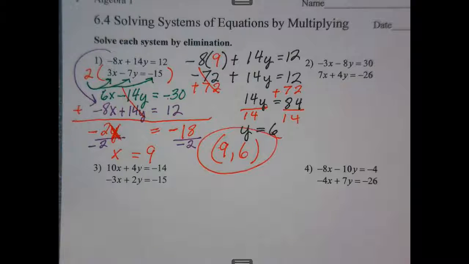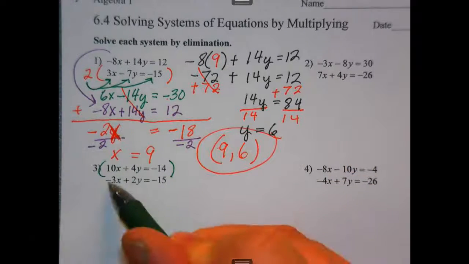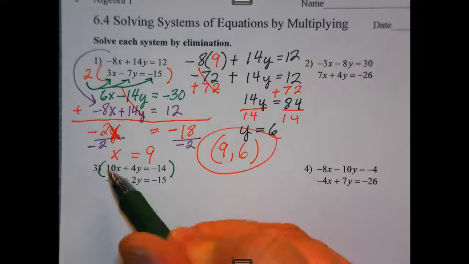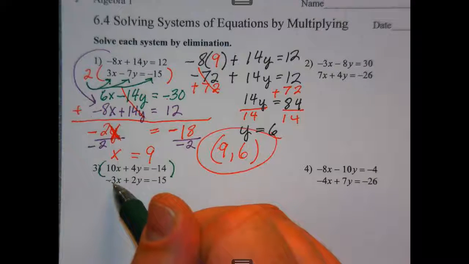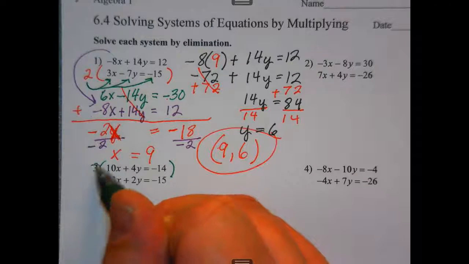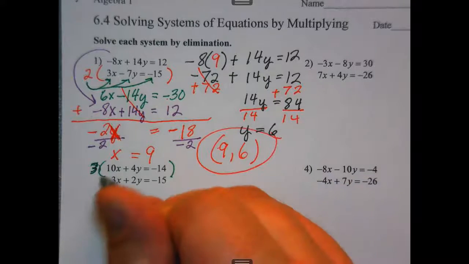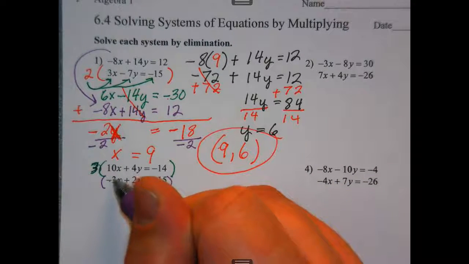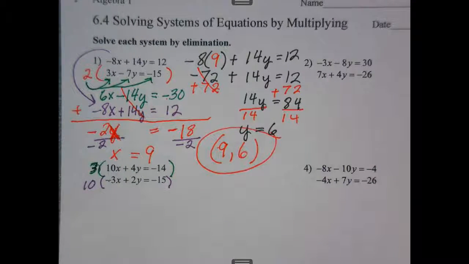What you can do if you start getting confused is multiply the top one by the coefficient of this x, which is 3, and the bottom one by the coefficient of the other x, which is 10. If you get really confused, just multiply by the other's coefficient.